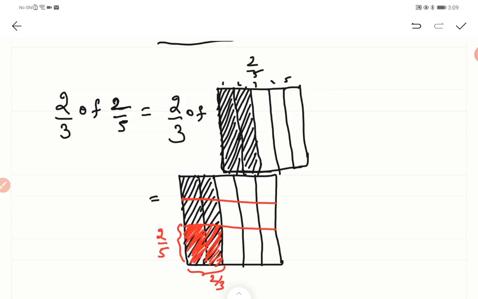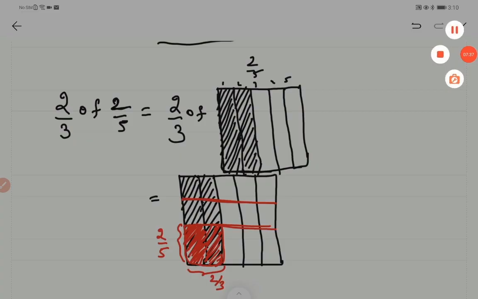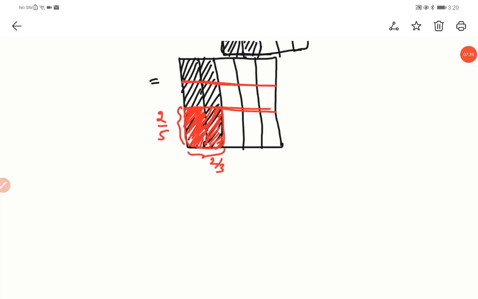So 5 columns you have and 2 regions shaded, and here 3 regions, 2 shaded parts. So this is considered like this diagram. So tell me, what is this figure representing in terms of fraction? First, in the denominator, how many parts it is divided, you'll write that, isn't it?